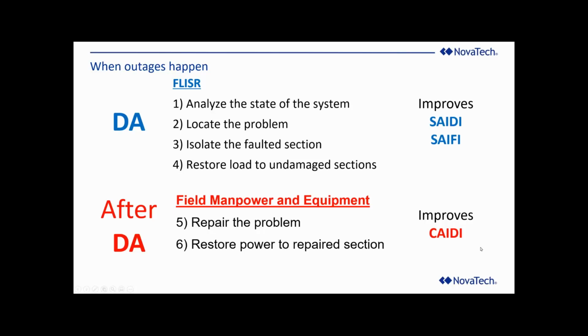So you have to get the right people to the problem, fix it, and get it turned back on. That is done by your troubleshooters and construction crews. DA can help by identifying where the problem is, although DA cannot fix the problem if a transformer has failed, a wire is down, or a pole is broken, but you can direct the manpower to the location of the fault to improve CAIDI.